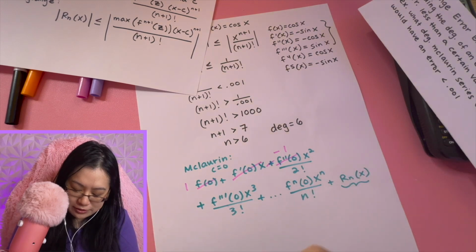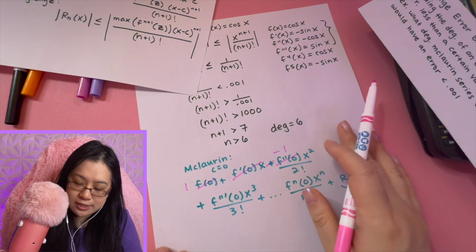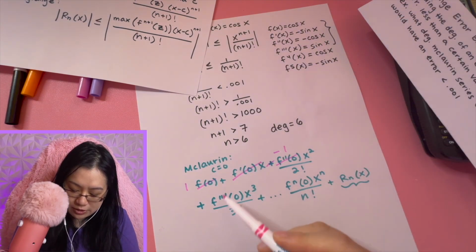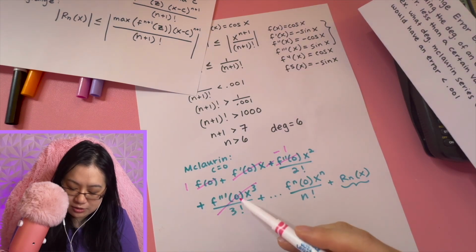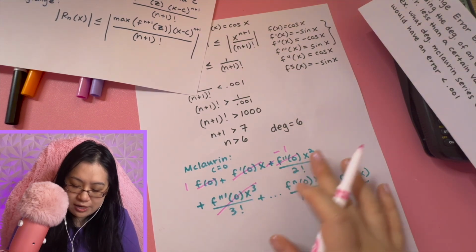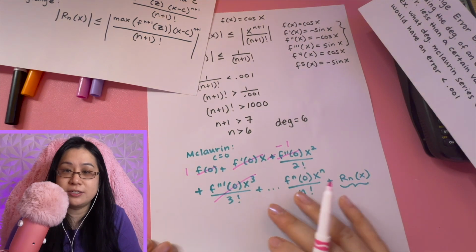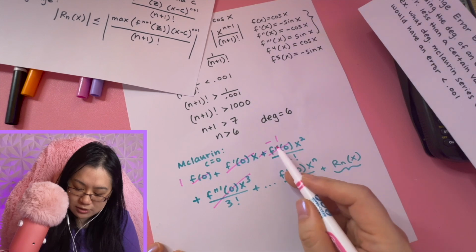F triple prime of 0 is sine 0, and sine 0 is 0, so this whole thing goes away. 0 times anything is 0, so it just goes away. So basically every odd derivative part goes away to 0, and you're only left with 1 and then minus stuff.